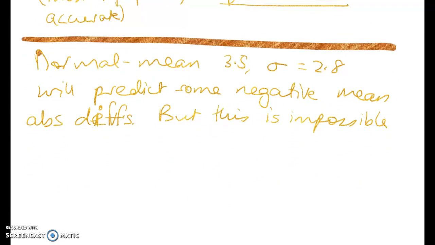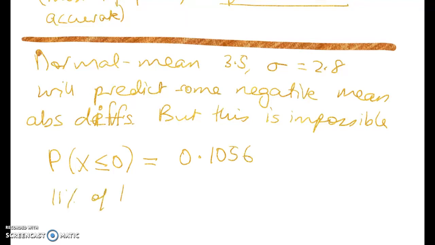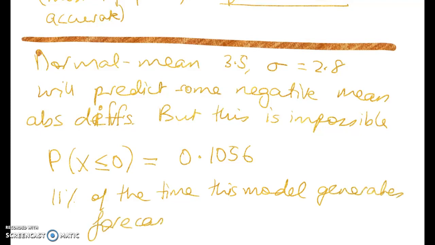Now, we can work out with the model the probability that x is less than or equal to 0. And if you put that into your calculator, you get 0.1056. So 11% of the time, this model generates forecasts of negative mean absolute deviations.